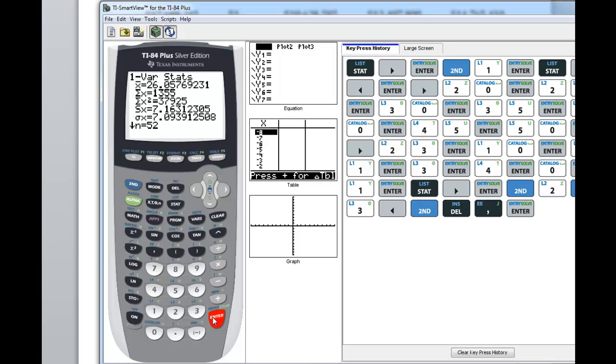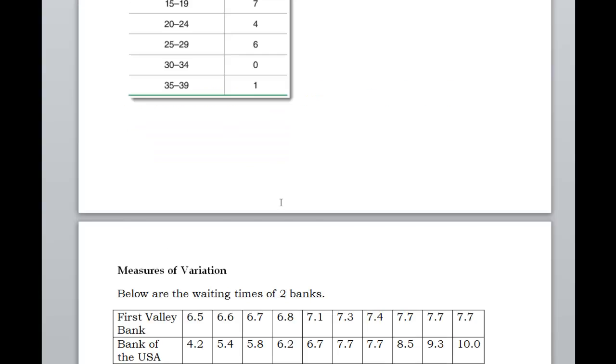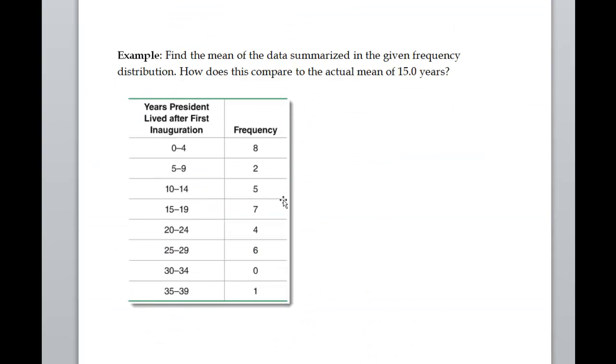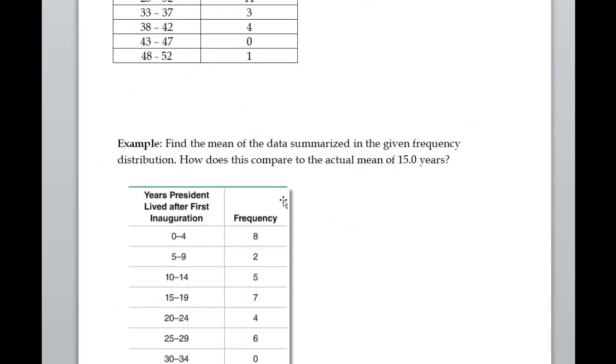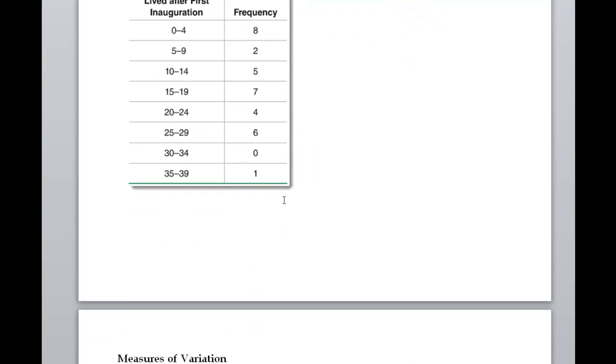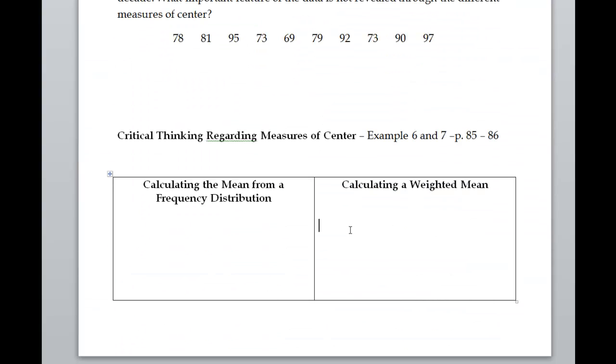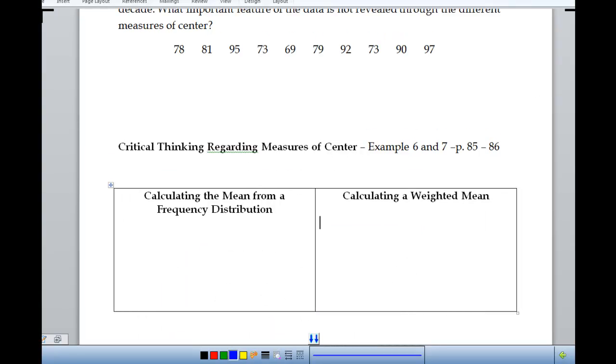All right, let me just talk a little bit more about this weighted mean before I let you go. Actually, I don't think I put an example in there. I've got to go back and put that in the notes. But let me just tell you what the formula for weighted mean looks like.